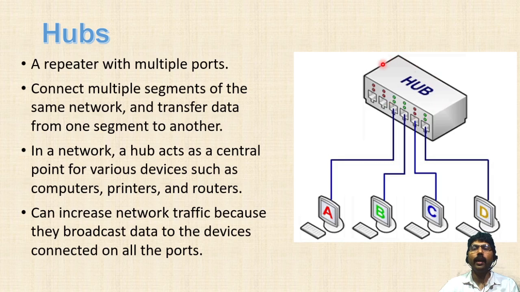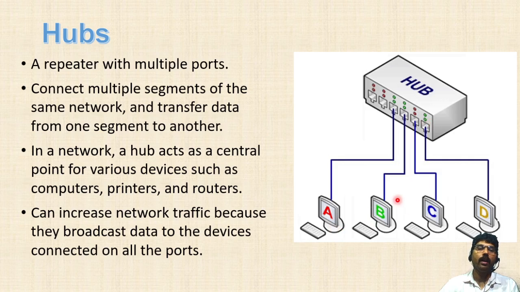If you want to create a LAN, we generally use a hub, which provides multiple ports, 5 to 10 ports. We connect computers, printers, scanners, routers, and other devices directly to this port.